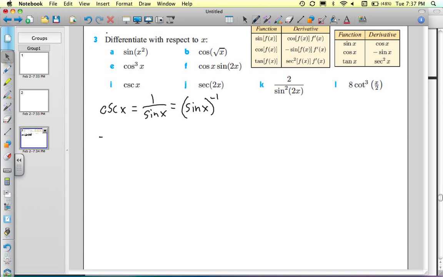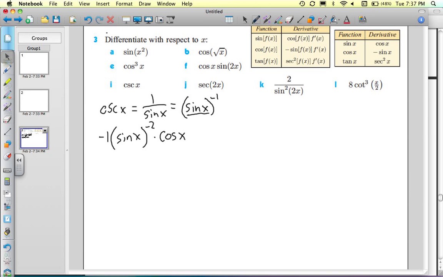So it would be negative 1 times sine x raised to the negative 2 times the derivative of what's inside the parentheses, which is just cosine x. So we have negative 1 times sine x to the negative 2 times cosine x.